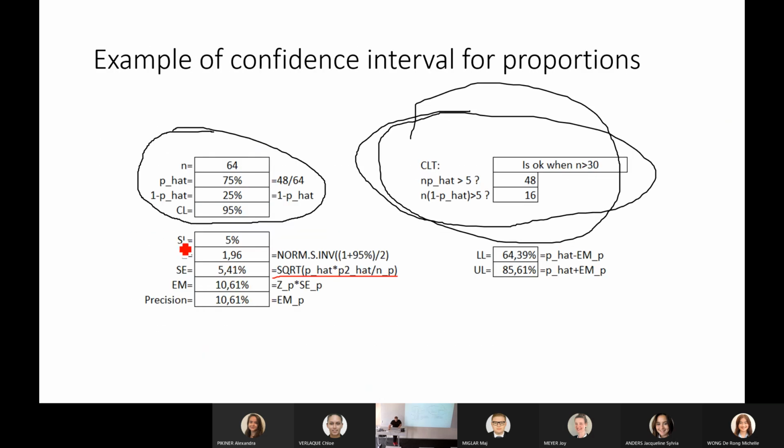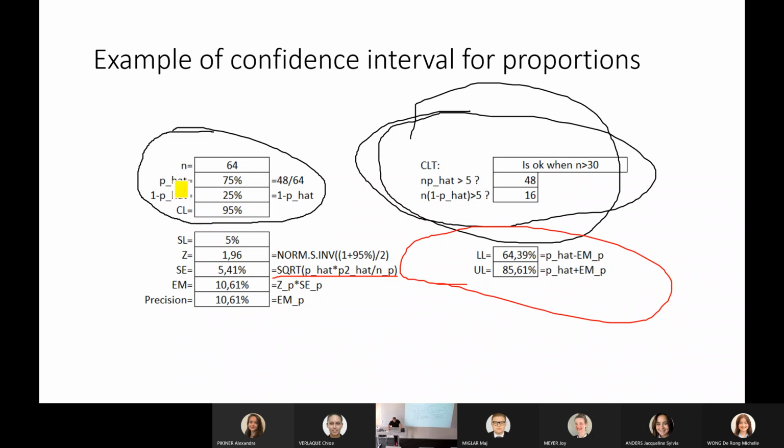Then when we have a standard error, we can calculate the error margin. Error margin is nothing else but the standard error times the z point. In this case, 10%. What do we do when we have it? We always take the p hat as a base.